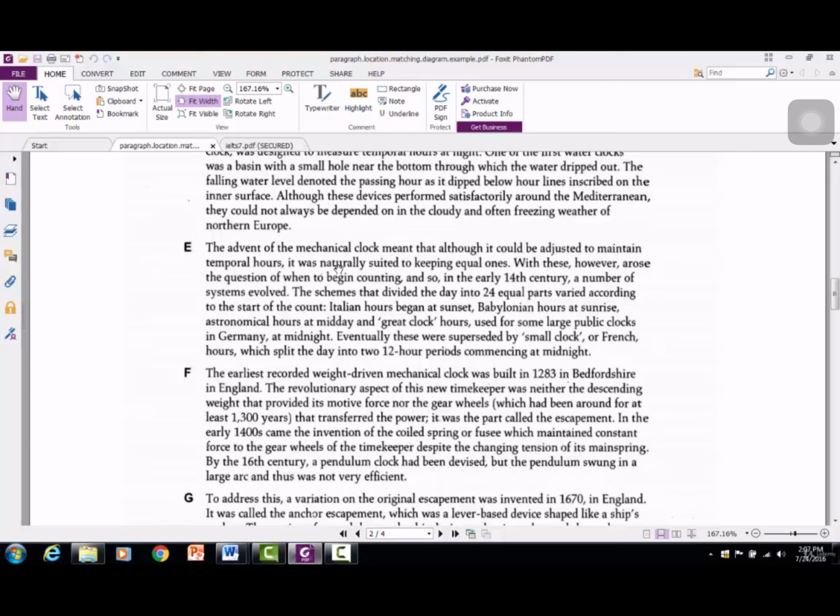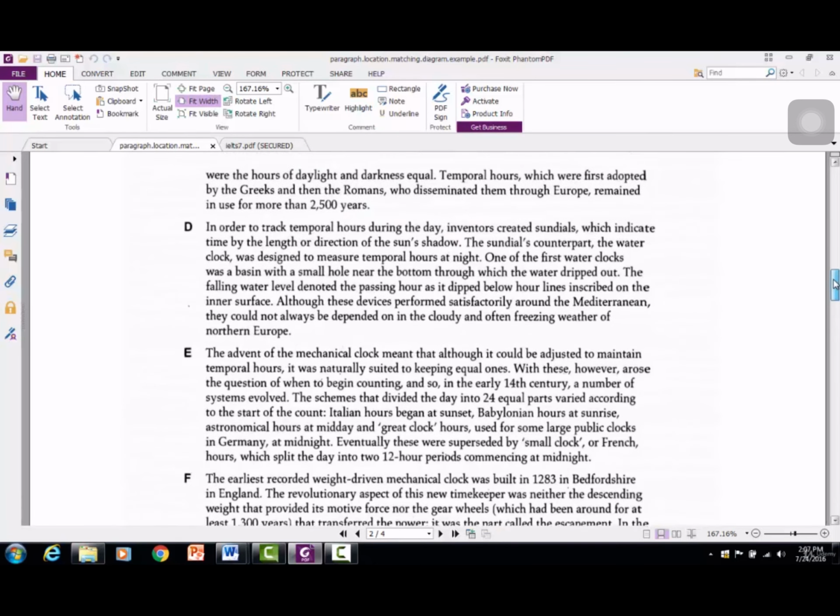When you look at paragraph F, you do see the word timekeeper. But you don't just pick an answer because you see the same word. There's no mention in this paragraph about cold temperature, and so that's why paragraph F cannot be the right answer for this one. We need a paragraph that's talking about cold temperature. All right, E, F, G are out.